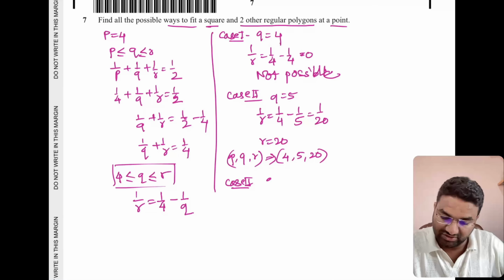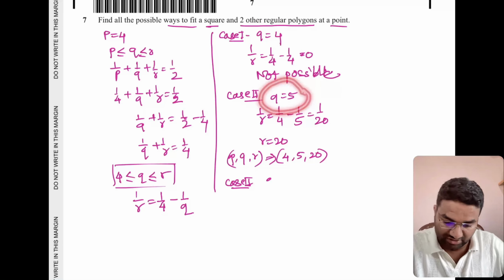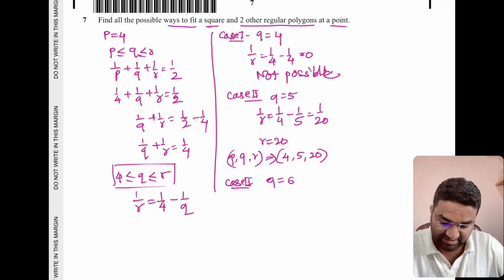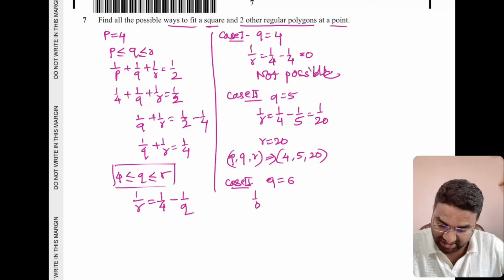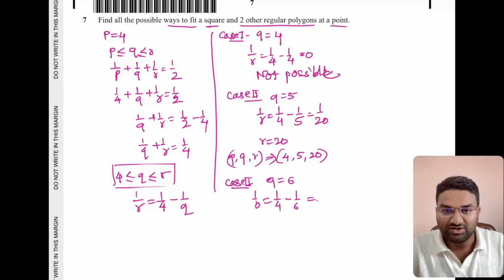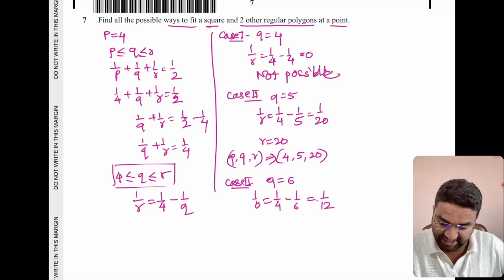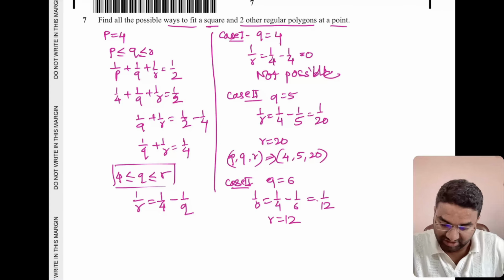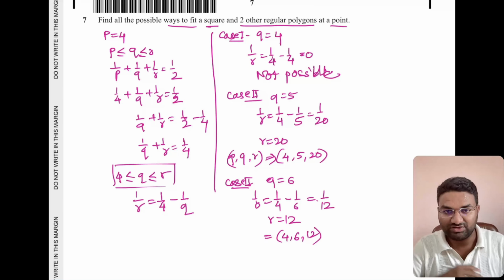We took 4, we took 5, then now we take Q is equal to 6. When we take 6, 1 upon R is equal to 1 upon 4 minus 1 upon 6. So we'll get 2 upon 24, meaning 1 upon 12, so R is equal to 12. This is also possible, so 4, 6 and 12 is the next set of values we can utilize.